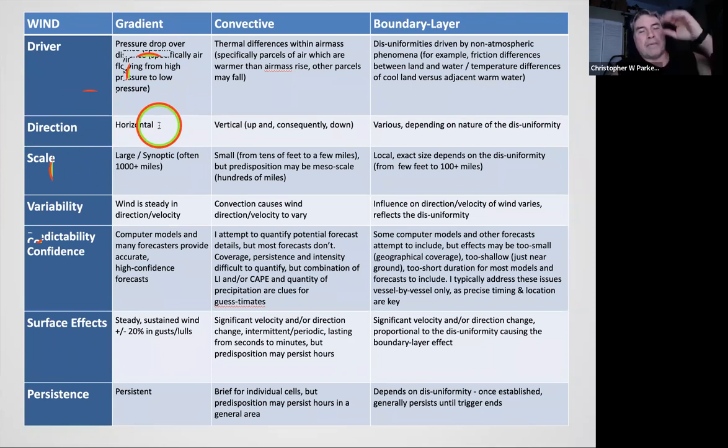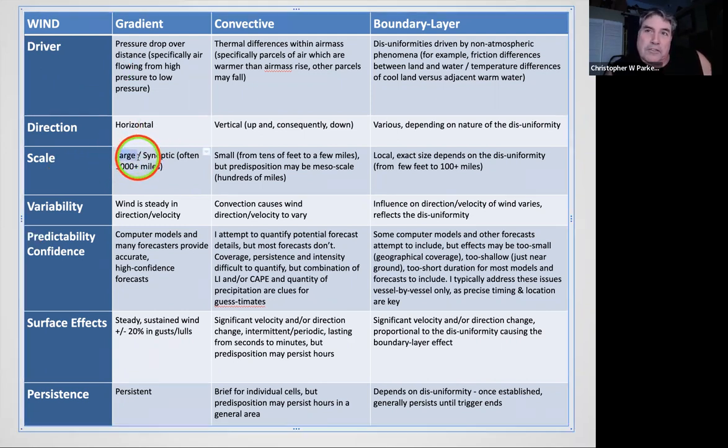I mean, there is some up and down, but if you look at the air that's flowing down and out from high pressure or up and into low pressure, the air is going up or down maybe 5 miles over 1,000 miles. So it's a really, really gradual slope. It's essentially a horizontal wind, although there's a slight vertical component.